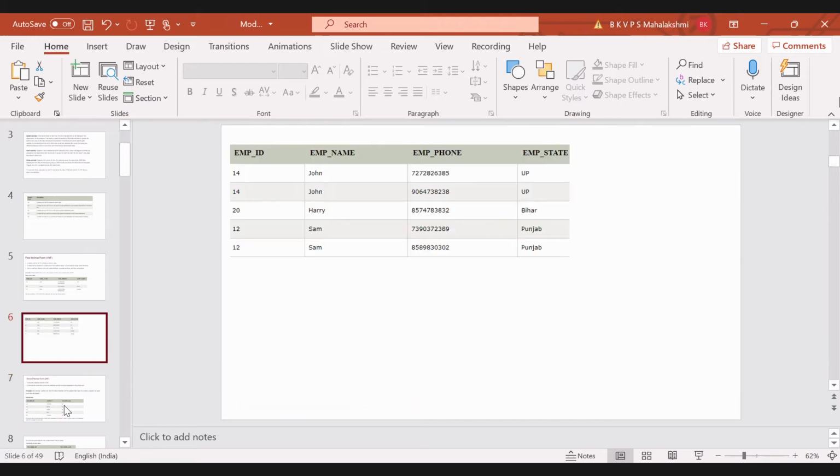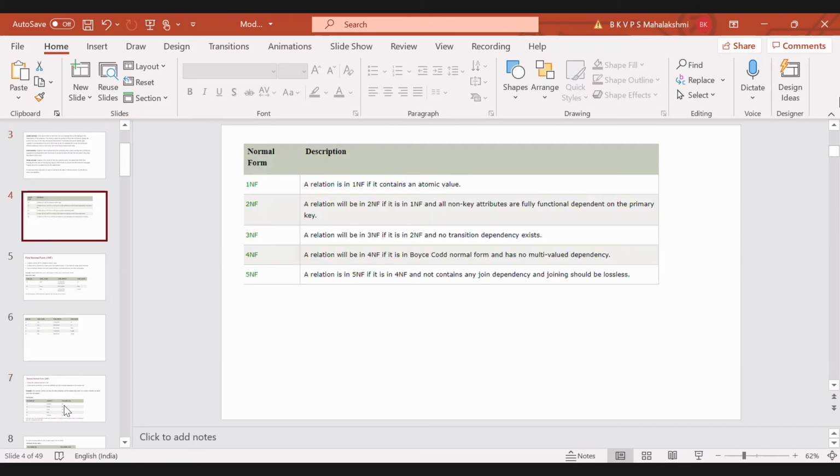And the next one is 2NF. What is 2NF? If you are going to check whether the relation is in 2NF or not, before checking the property of 2NF, you have to check first whether it satisfies the first normal form property or not.